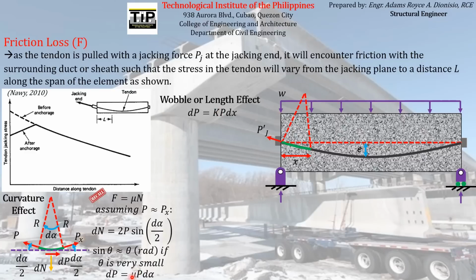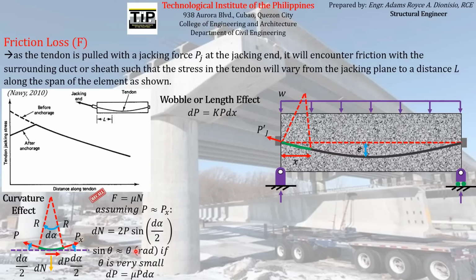We just change the mu here by k and the d alpha by dx, since the wobble or length effect is dependent on change in length instead of change in angle, as in the case of the curvature effect. So this will be the equation for the wobble or length effect. This will be the frictional force due to the unintended curvature or deviations in alignment of the pre-stressing reinforcement.